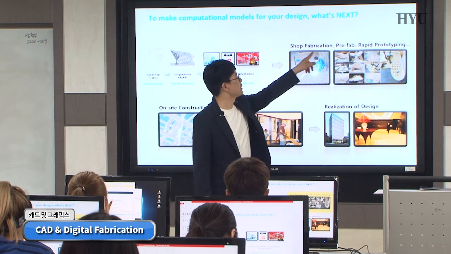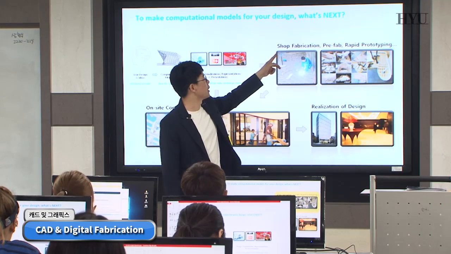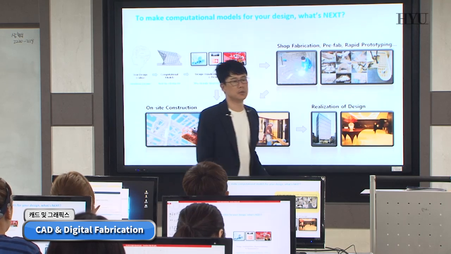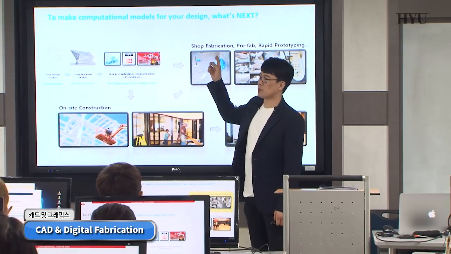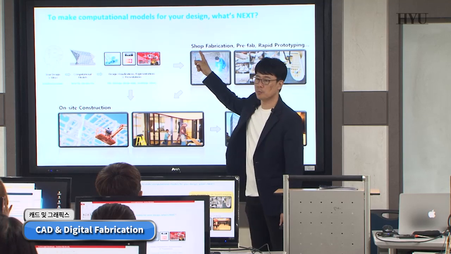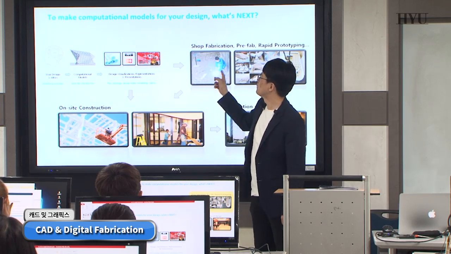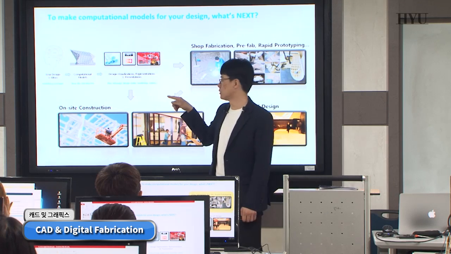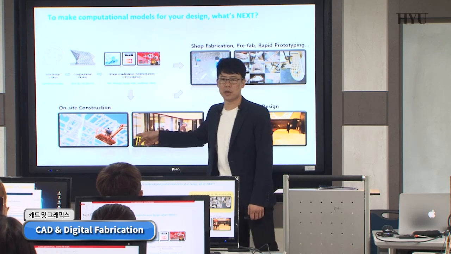How about shop fabrication? The term shop here means factory, okay? Some parts can be assembled, pre-constructed at a specific site, specific shop, specific factory, okay? Pre-made objects can be transported to the site and finalized on site, okay?